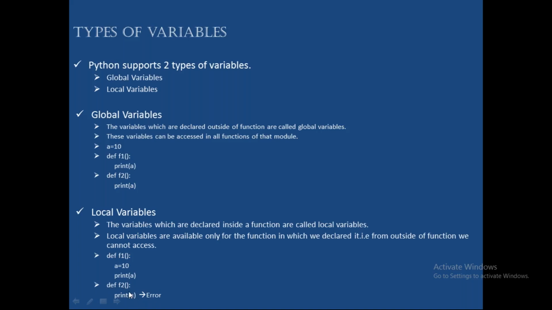There is no variable access to f2 because this a you have declared inside f1. So inside f1 you will get 10, but inside f2 you will get an error. The reason is a is not accessible inside f2 function.